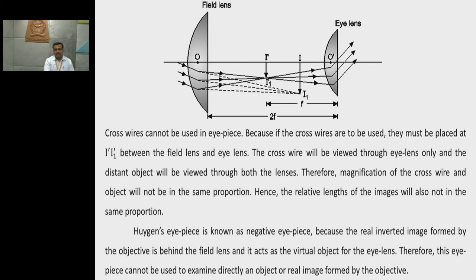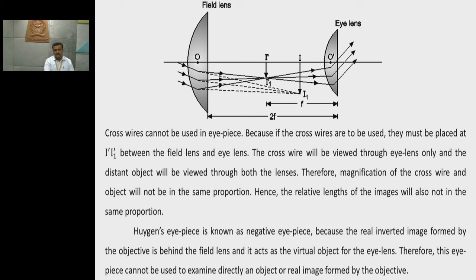If you observe the ray diagram again, here we have to check whether we can put the cross wires or not. Here we say that the cross wires cannot be used in this eyepiece. That is why this eyepiece is called the negative type of eyepiece. We have to check why we cannot place the cross wires here.